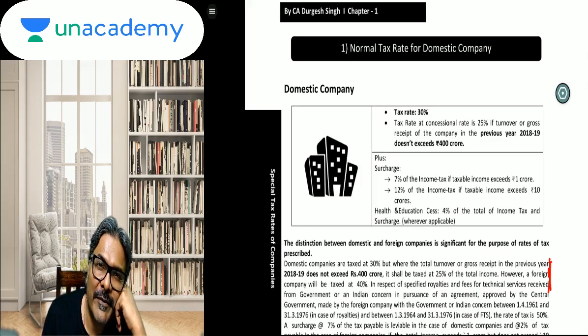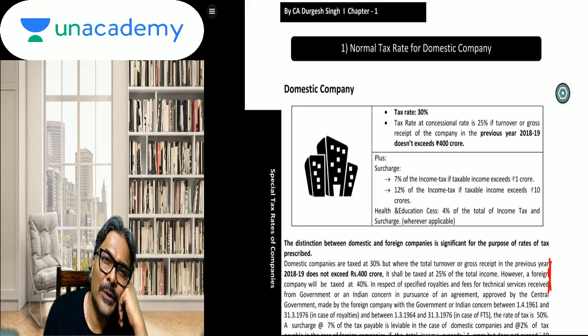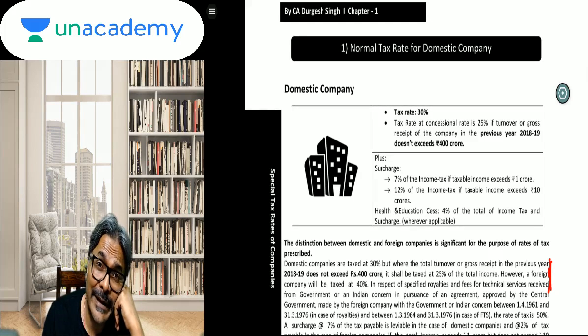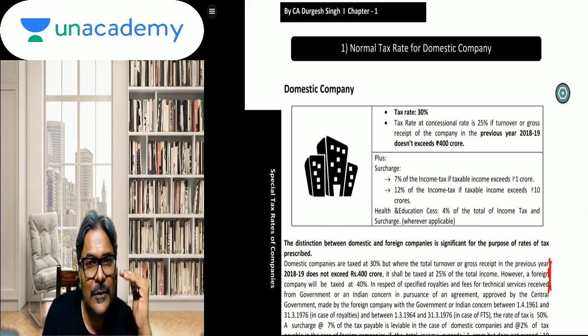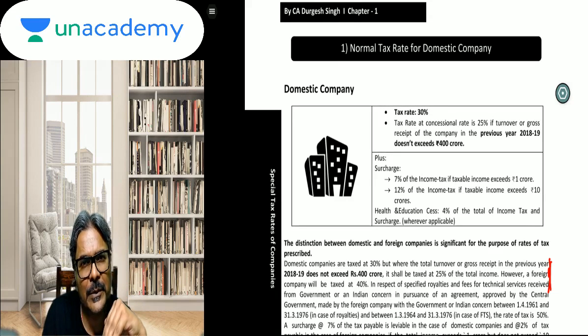First of all, you may be wondering, sir, how do we know that a particular domestic company is an SME or not? This is the criteria, please pay attention. Say the current year for you is 2021, your previous year 2021.